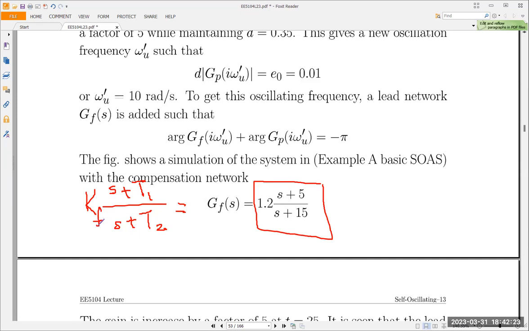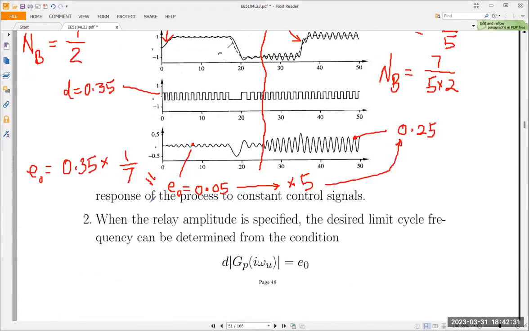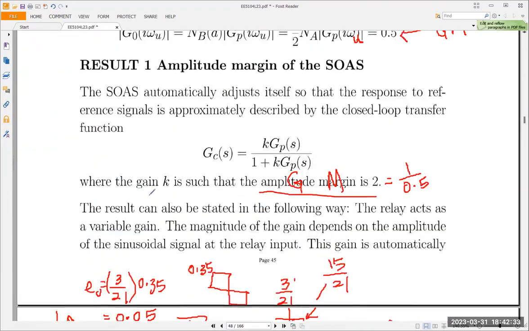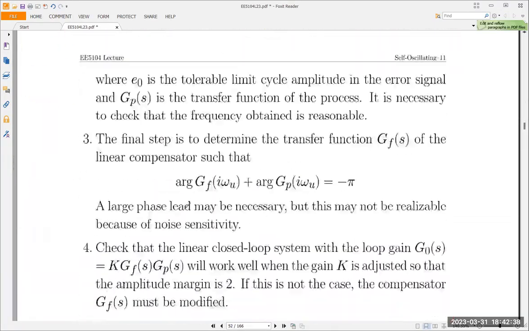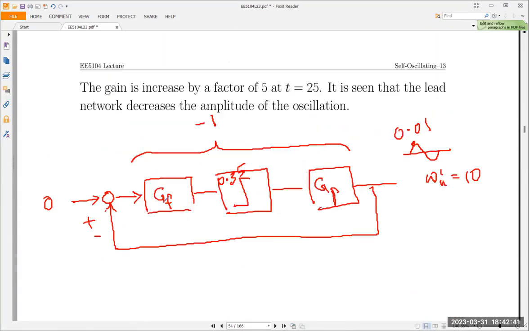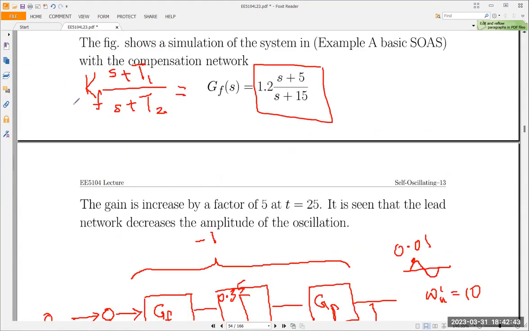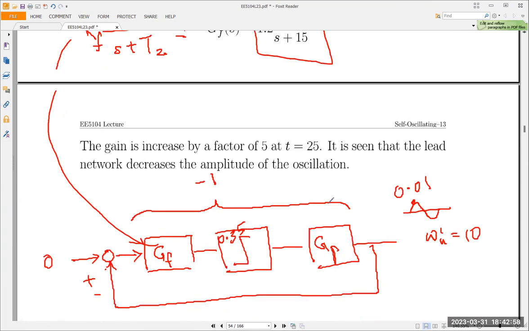So our last problem is to find KF, T1, T2. We form this equation from here to here.